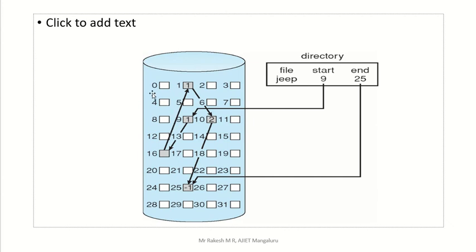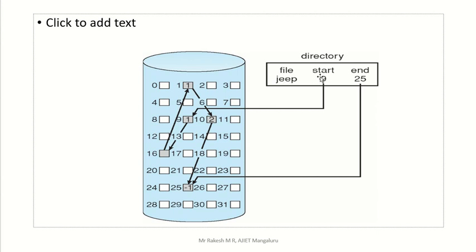Here we have secondary memory. This secondary memory is divided into blocks. The block size is fixed. Here, totally 32 blocks are there. Now, what is the concept of a linked list? You have one file called zip. Zip is one file name.